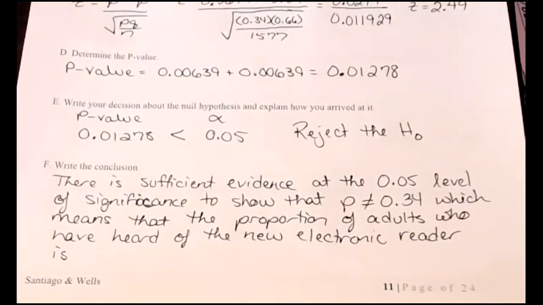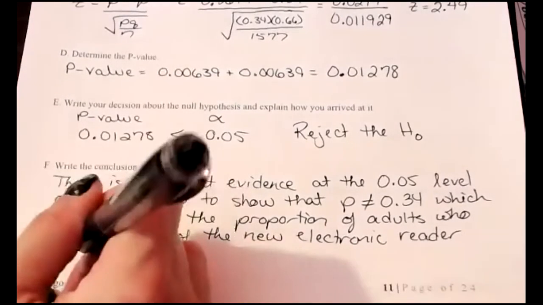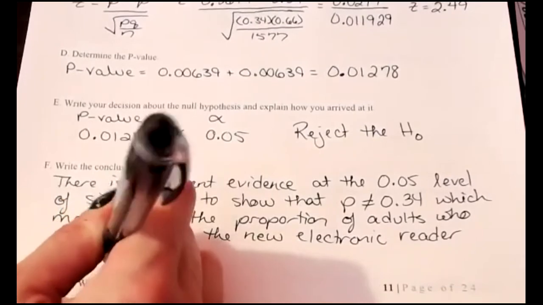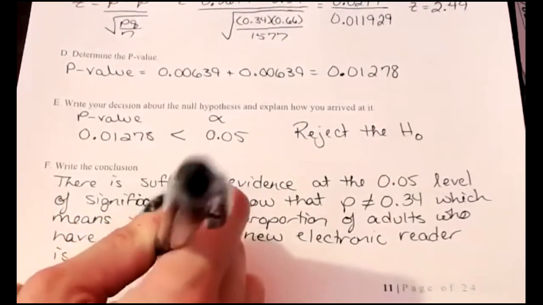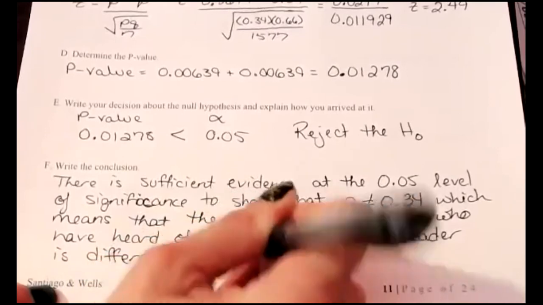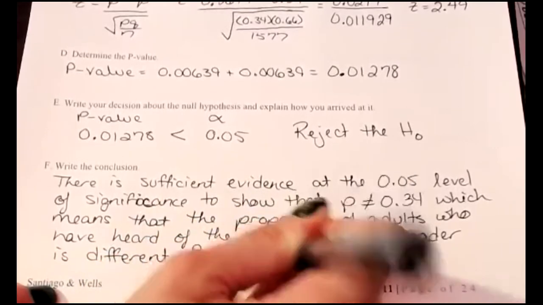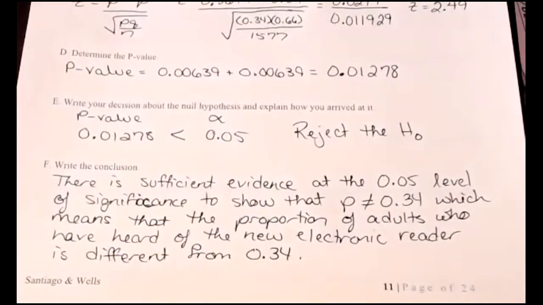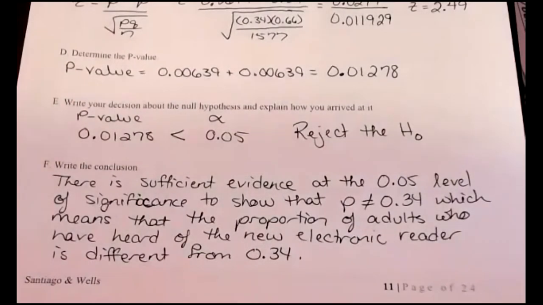You can say is not equal to 0.34, or you can say is different than 0.34. It's up to you. You can use either way of saying this. I'm going to say is different from. You don't have to. You can write is not equal to. It means the same thing.